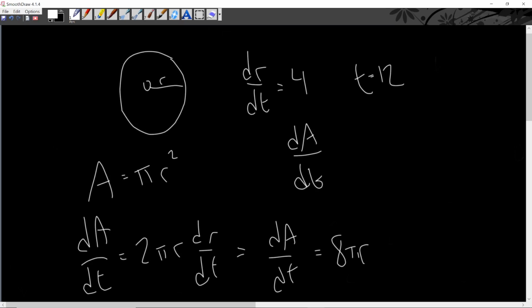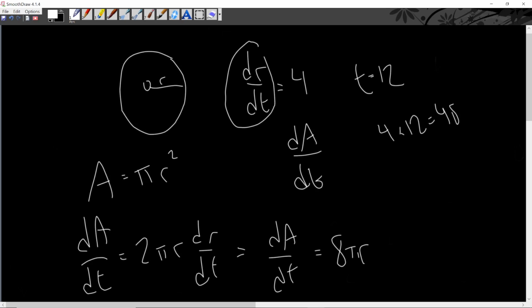So at 12 seconds, the radius is increasing by 4 every second, and after 12 seconds you will have traveled 4 times 12, or 48 feet.